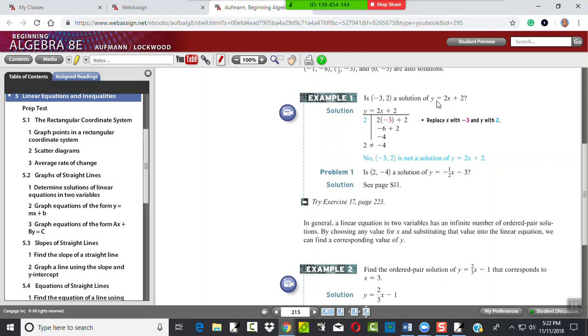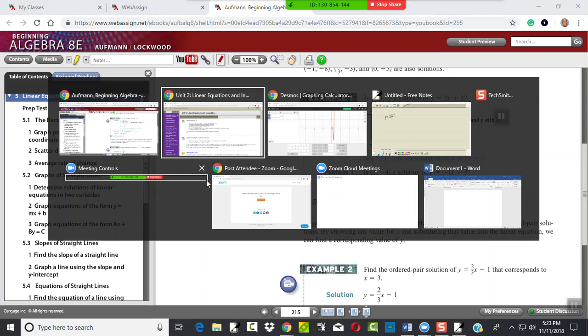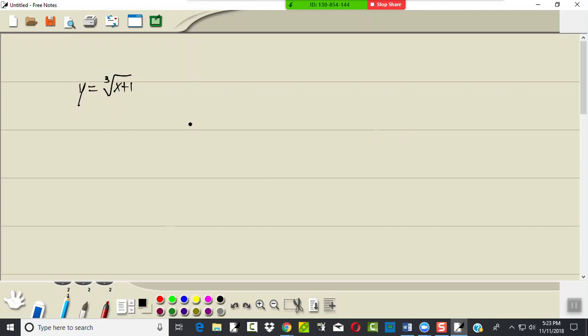So they're giving us the x and y and want us to plug that in and check it. The idea on that is it leads into systems of equations later on. It's also used if you're double checking your t-table.